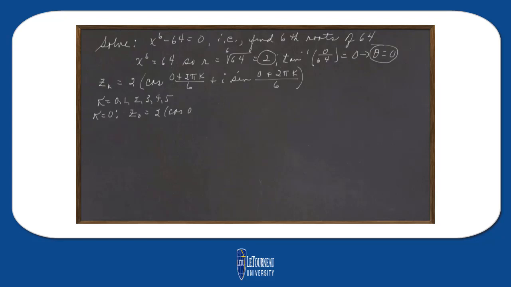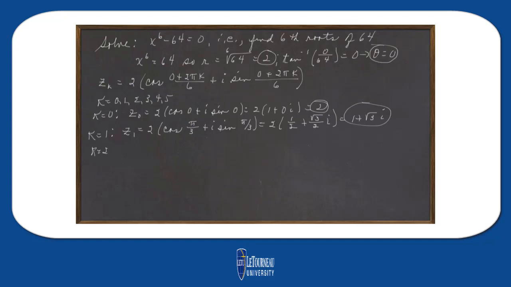We'll start here with our first root of 64, and we get 2. Now, if k equals 1, then we get our second one, so we have 2 times the cosine, and notice 0 plus 2 pi over 6 is pi over 3, so we get 1 plus the square root of 3 i.